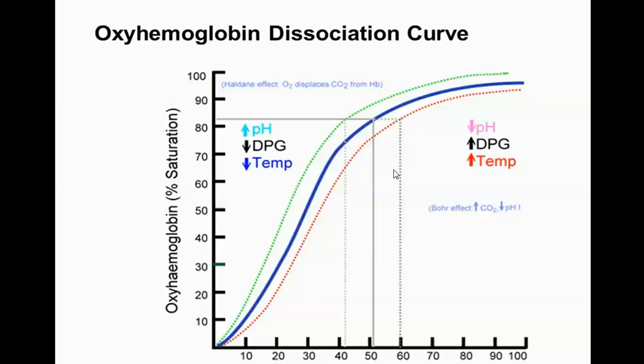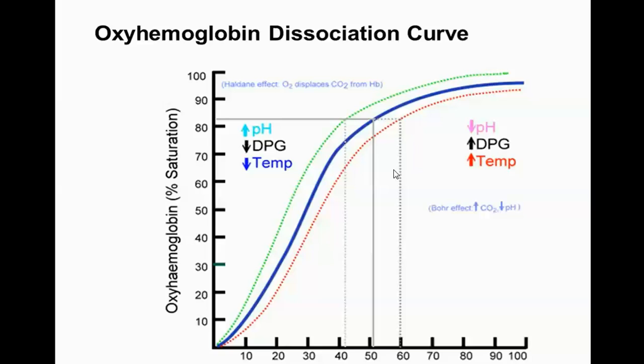After that, there is a shift to the left and a shift to the right. This is left, this is right. What's the difference? When you shift the curve to the left, take the same hemoglobin saturation, about 82: how much PO2 do you need to saturate the same amount of hemoglobin?